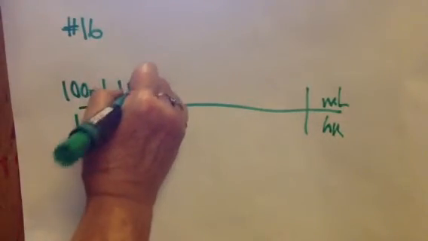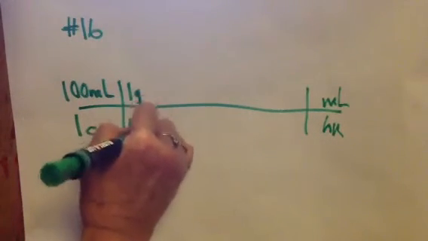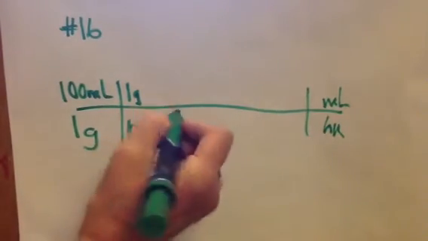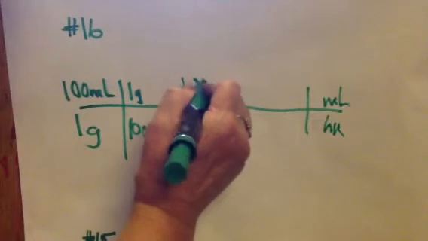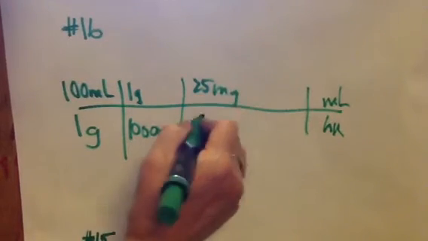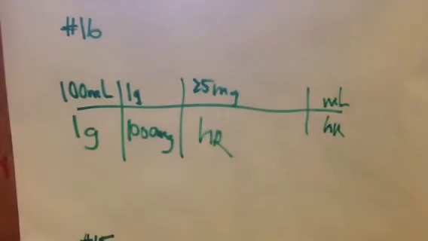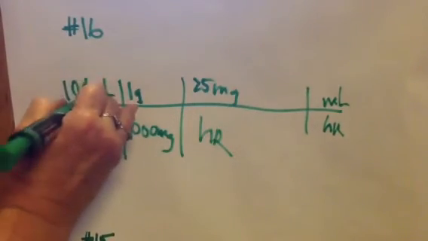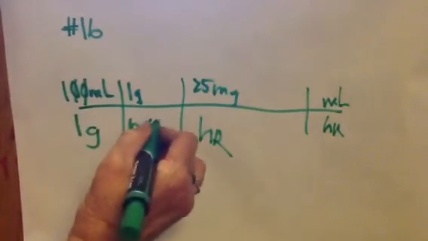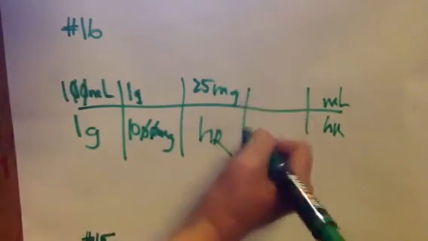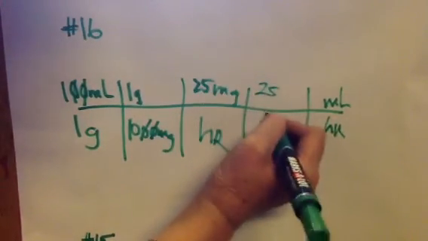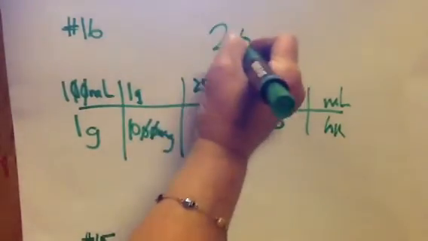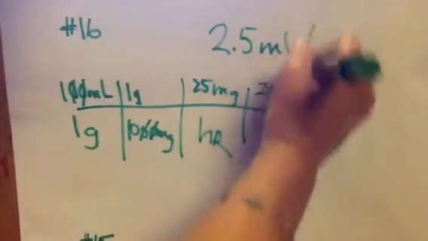And we have to have a conversion, so our 1 gram is 1,000 milligrams. We're giving 25 milligrams per hour. Again, you can cross these out. 0, 0, 2 zeros up there, 2 down there. So you have 25 divided by 10. So this comes out to 2.5 milliliters per hour.